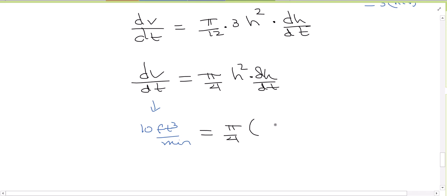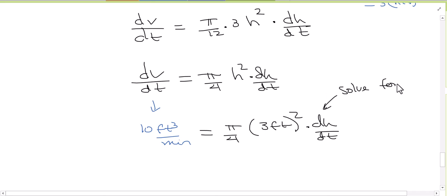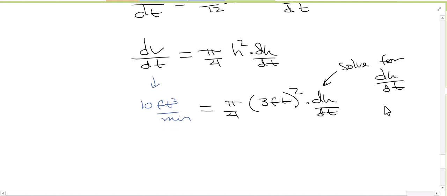So we want to know when h is 3, so 3 feet quantity squared times dh/dt, and this is what we're looking for. So you're going to solve for dh/dt. Notice that again we're going to have feet cubed divided by feet squared, so that's just going to give us feet. So I'm going to drop the units for a second here.